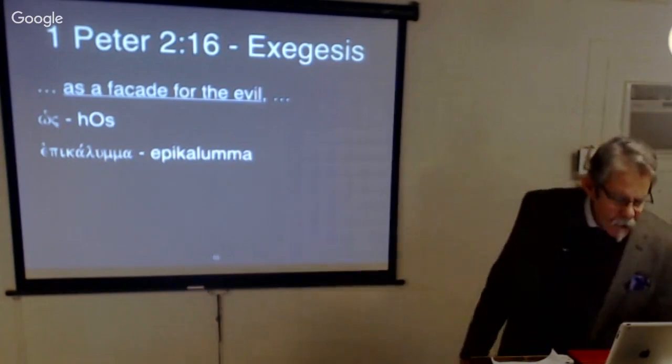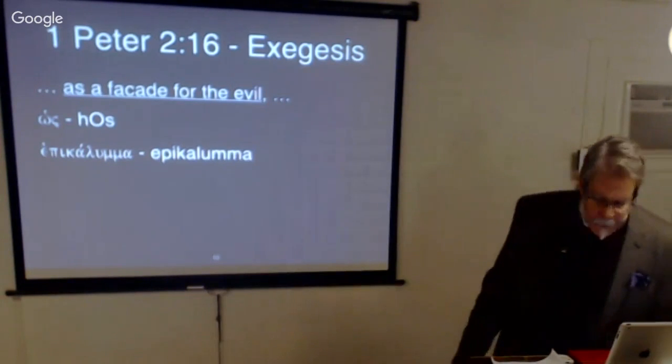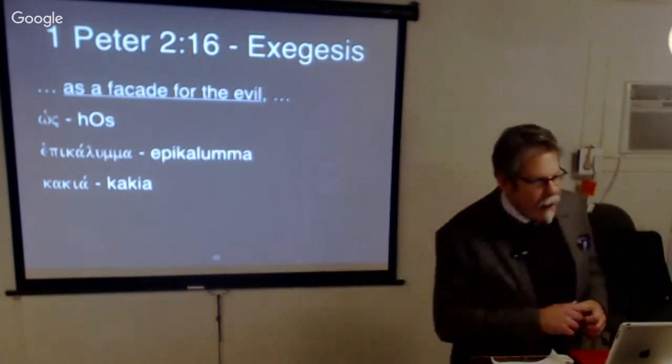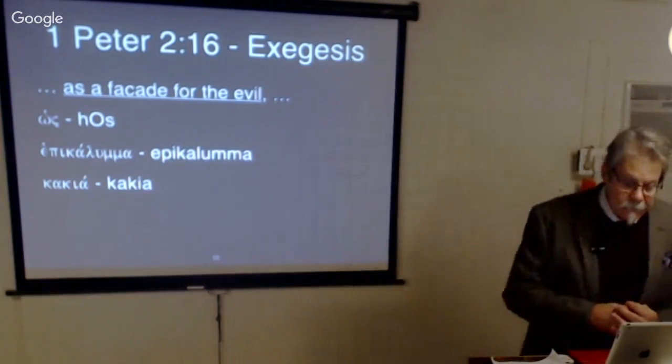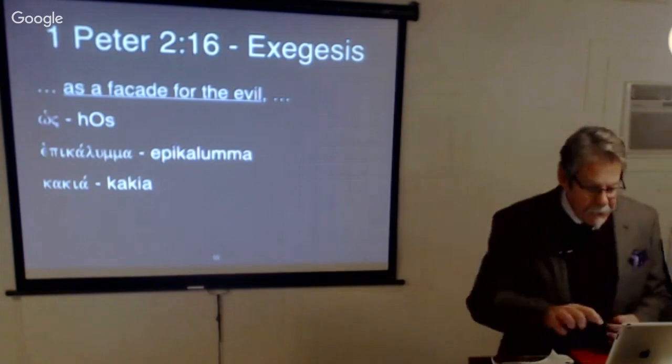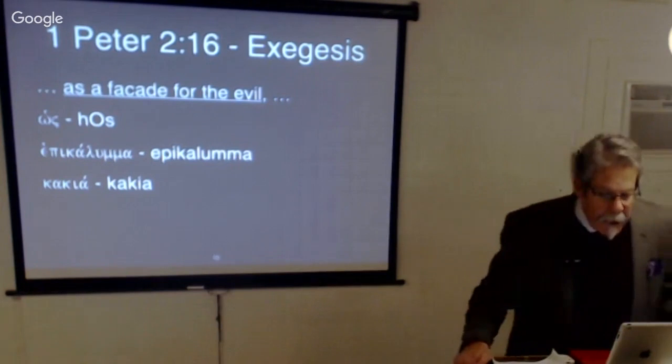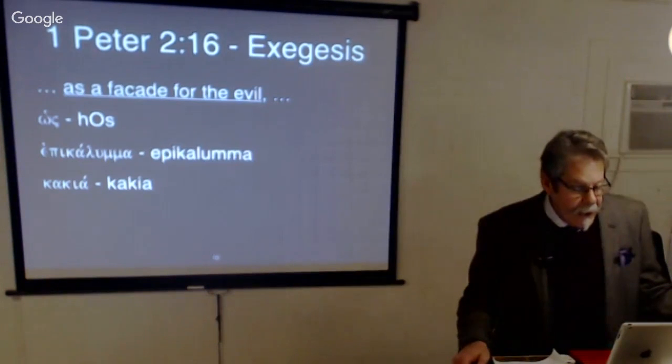This is followed by the feminine dative singular of the articular noun kakia, K-A-K-I-A. It's not kakos, it's kakia. It sounds like we're in the tiki room. Anyway, kakia. We've seen kakos before, meaning pertaining to being bad, with the implication of harmful and damaging, and we usually translate that as evil or bad.